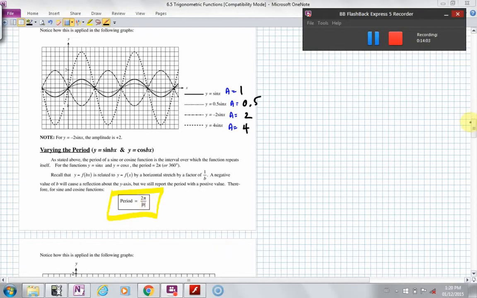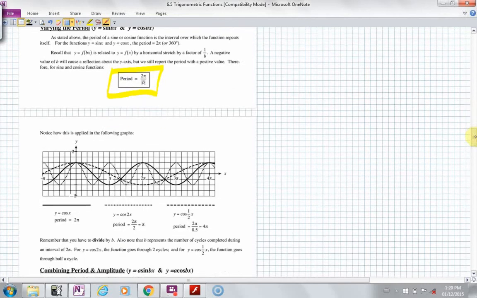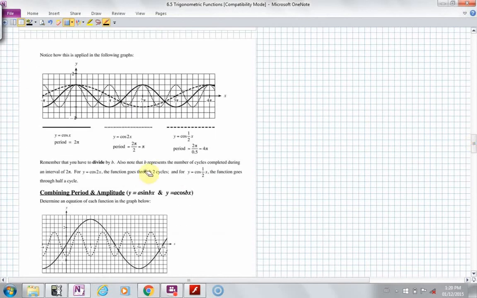Now, if you look on the next page, they have various graphs, which you can also put into your calculator if you want to. But we have cos x as the solid line here with a period of 2 pi. Cos 2x is the dotted line.